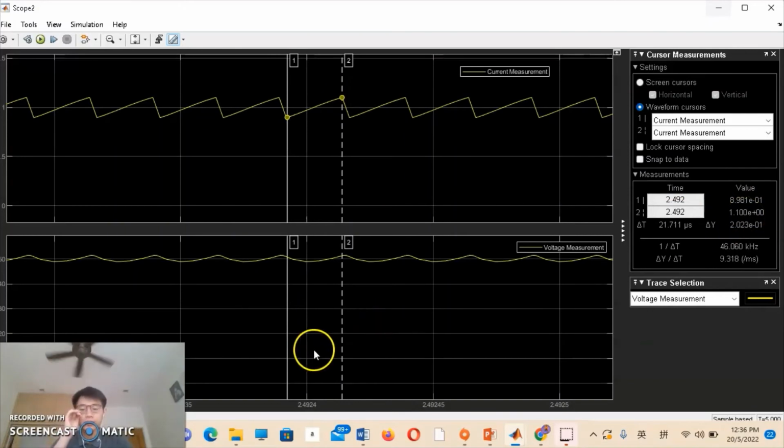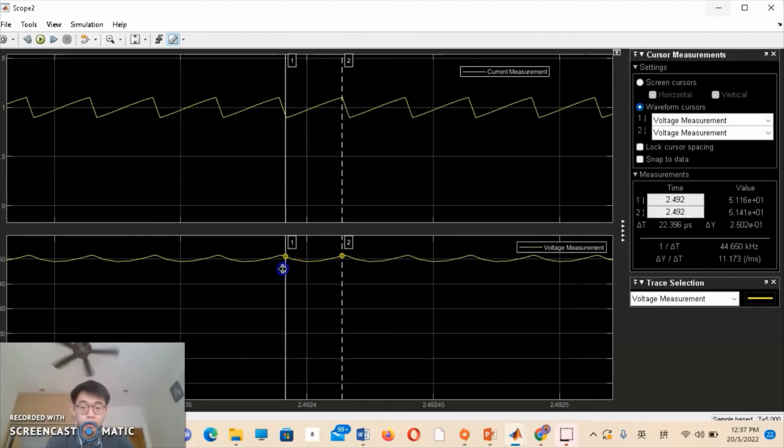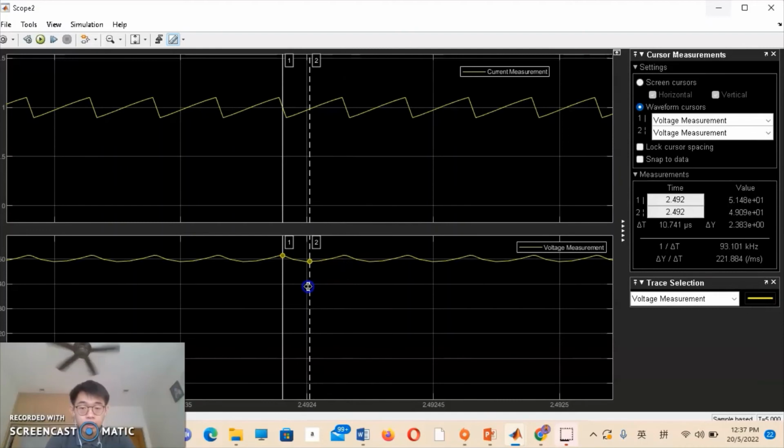Okay, next we are going to have a look at the voltage waveform of the SMPS controller. So similar to just now, we're going to change this to voltage measurement and we are going to change the position of cursor 1 and cursor 2. Cursor 1 will be the maximum, cursor 2 will be the minimum.